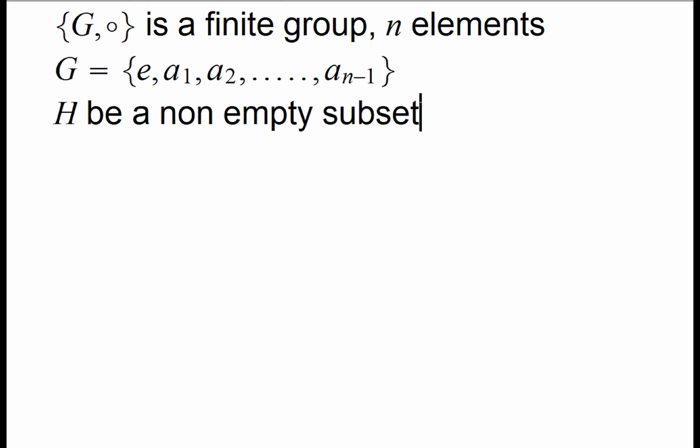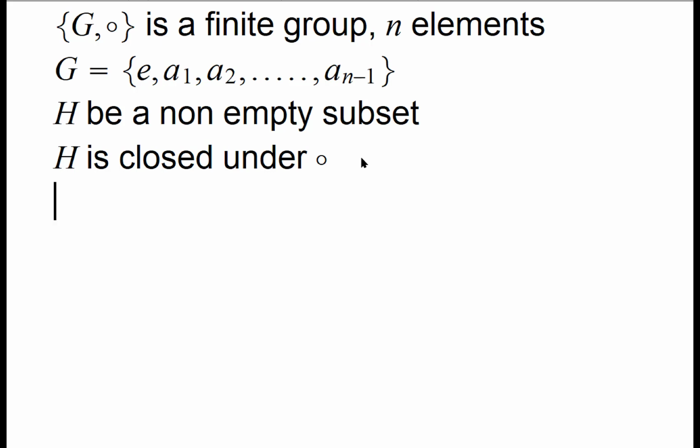And here you can see that if H is closed, of course, under the operation that the group has, then we can see that that might be enough for H to be a subgroup. So let me just take it to our writing board.